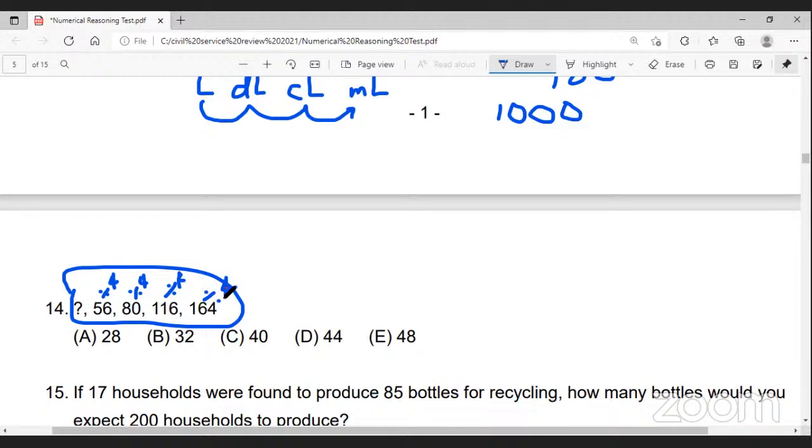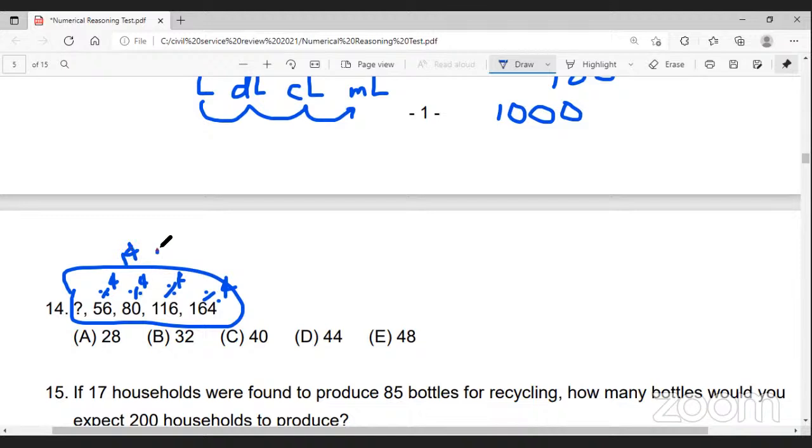The first given term has an answer of 32, ma'am. Ay, 32? Let's verify. Did you try to divide all of the given terms by 4, Miss Jem? Yes, ma'am. This is 14.